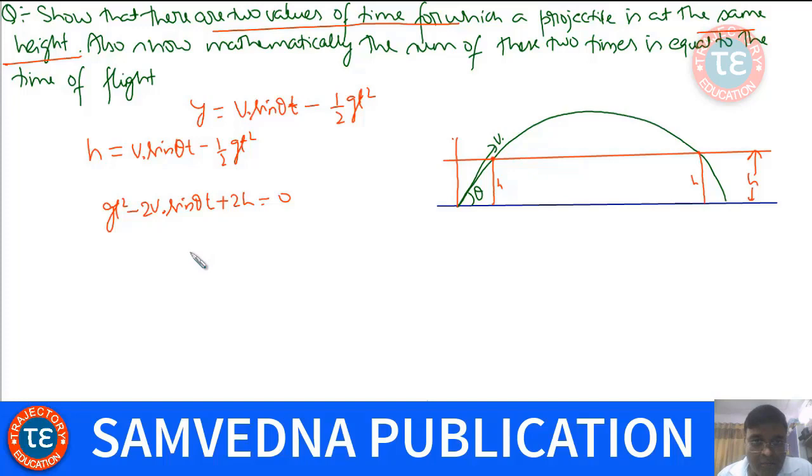Okay. And moreover, we can say both of the times will be physically acceptable, because both will be positive. Both will be positive because the product of those two times t1 t2 is 2h by g, and the sum t1 plus t2 you'll get using the property of quadratic equation.